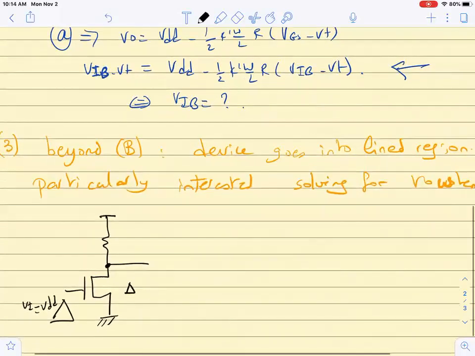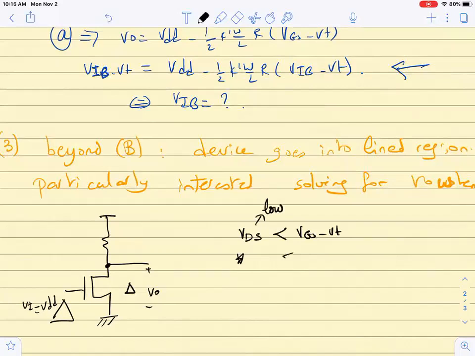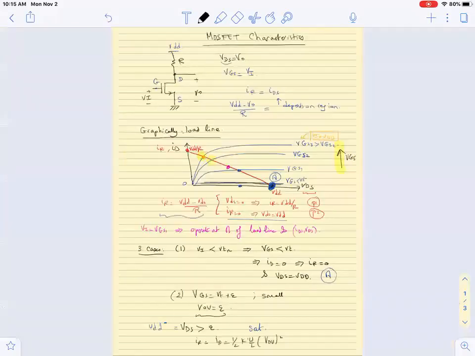So in this case, we can be sure that VDS is less than VGS minus VT because this is going to be a low output and VGS is equal to VDD. Therefore, once we cross the edge of SAT we go to the linear region.